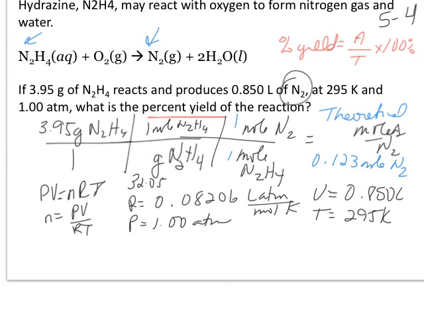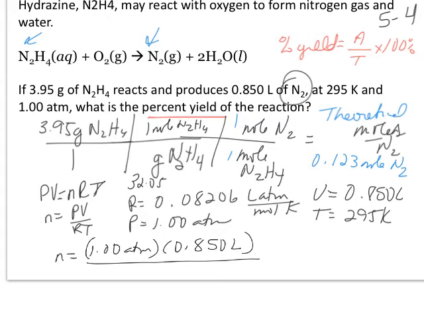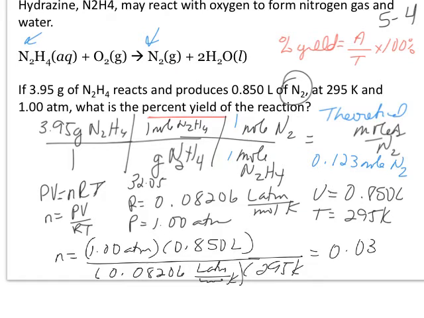When we plug and chug, we get n equals 1.00 atmospheres times our volume, 0.850 liters, divided by R, 0.08206 liters atmosphere per mole Kelvin, times our temperature, 295 K. And that equals 0.035 mole of nitrogen.